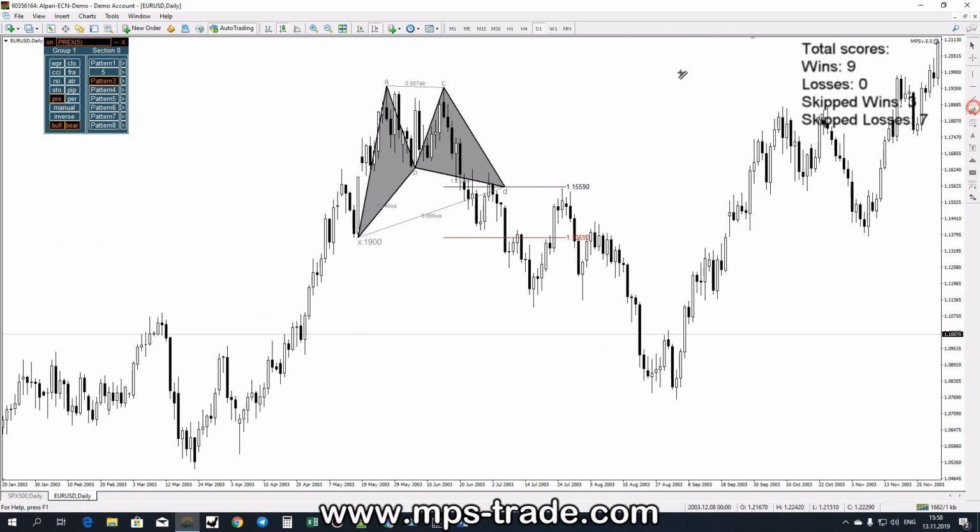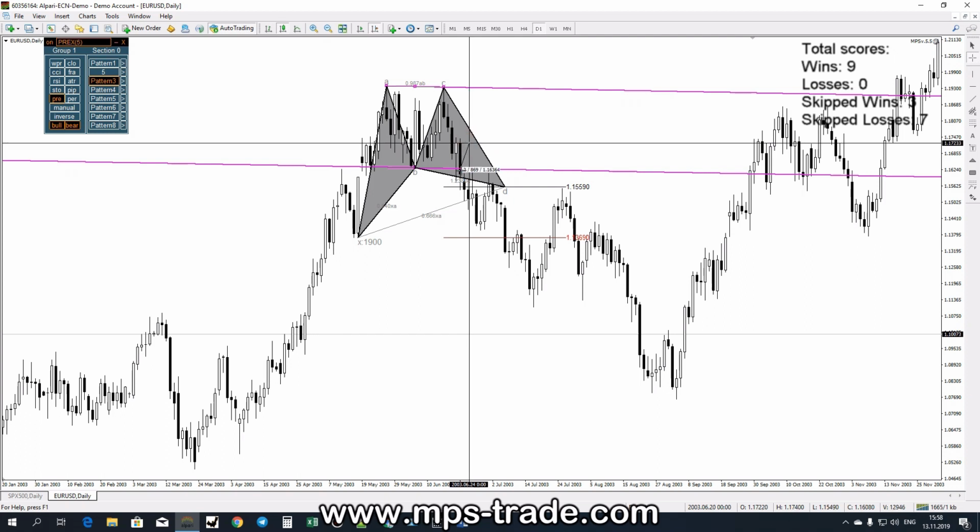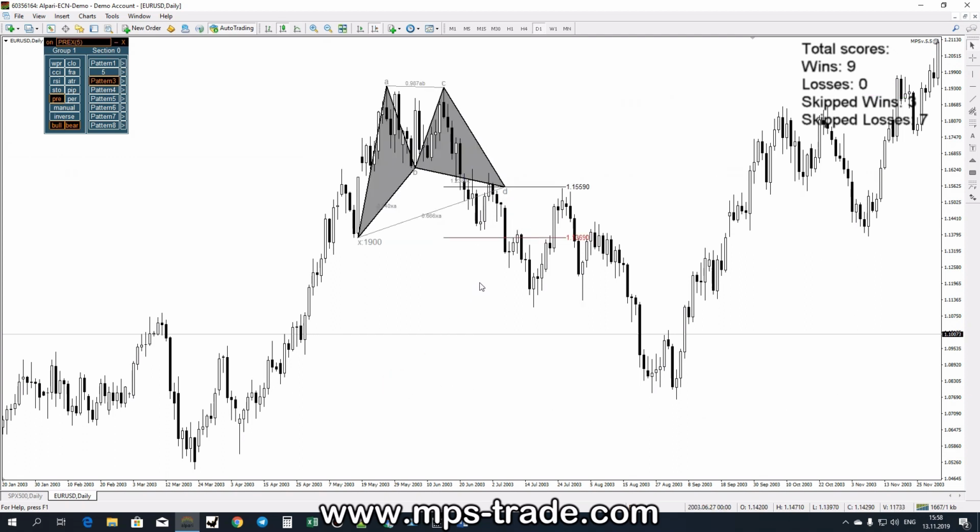Okay, this one. I am taking every possible pattern that is drawn. So what we have here, we have a rejection and we have a bull candle, yes, and it was a stop loss. So this is the first stop loss out of all trades that were demonstrated previously.